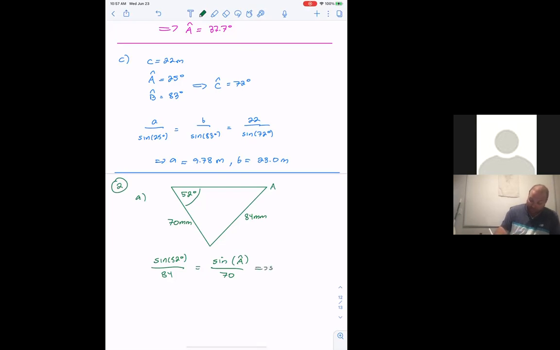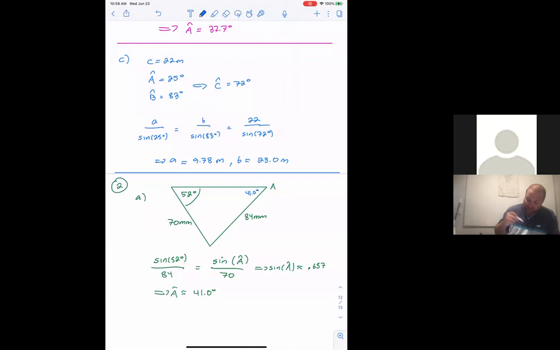So this gives me that sine of A hat is approximately 0.657. So that A hat is approximately, by taking the inverse sine, 41.0 degrees.